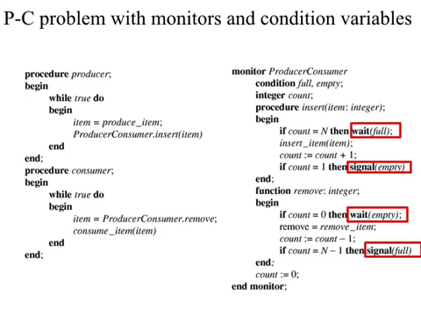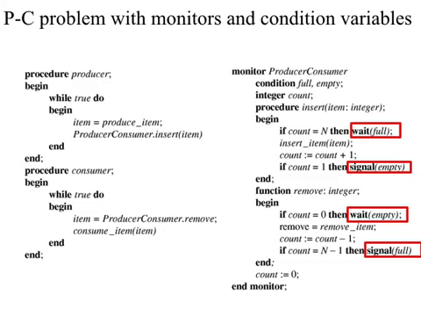Once there is a free slot, the producer would be woken up, it would reacquire the lock on the monitor, and at that point it would insert the item into the shared buffer and increment the count by 1. If count is equal to 1 after incrementing the count, then it would signal to all the consumers that there is at least one full slot in the shared buffer using signal on empty.